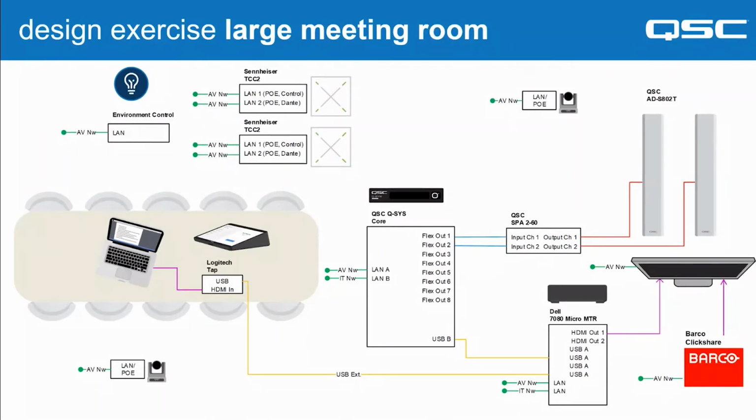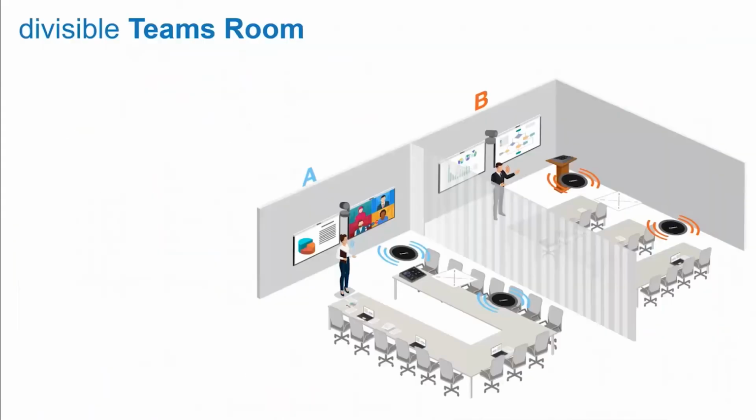And remember, because you've got that Teams license on here, you've got access to all of the scripting engine features of Q-SYS. So any kind of clever control you want to do, you've got all of that built into the core. So there's one example of a fairly built up meeting room. But what if we go even bigger? So what if we want to do something like this?